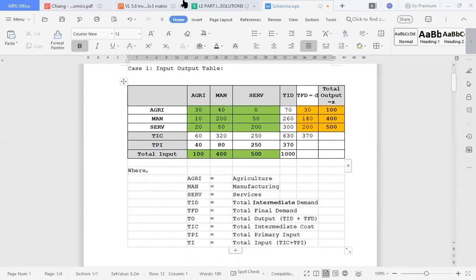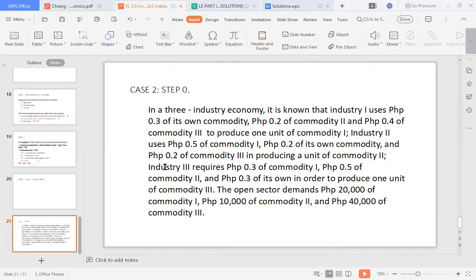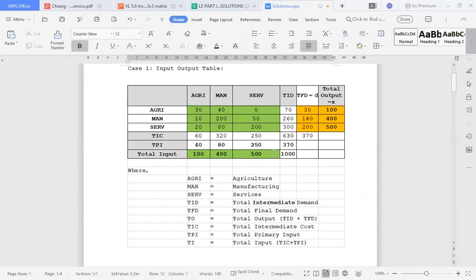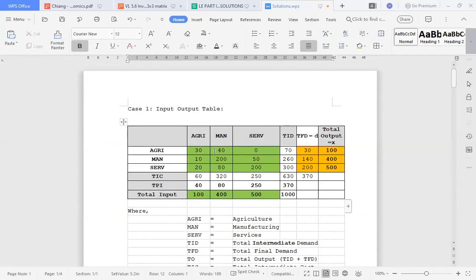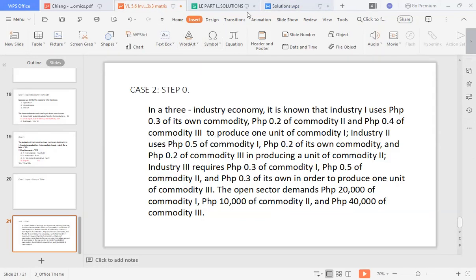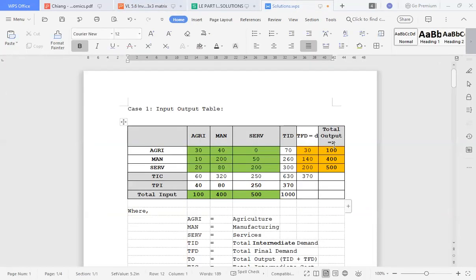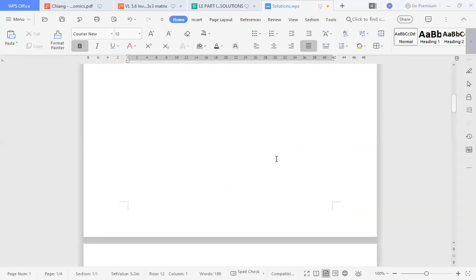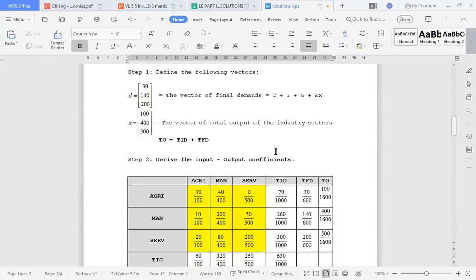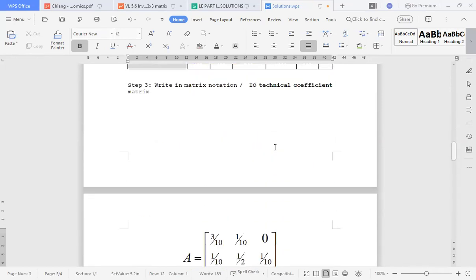Ito yung step 1, ito yung step 0, because this is a word problem. If this is step 0, you will need to identify an input-output table that is equal to this. But again, the process is the same. I'll discuss this next meeting, but for now, the input-output model follows the same patterns as this one.